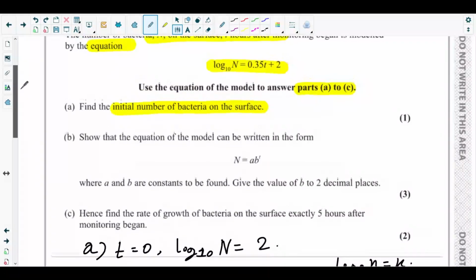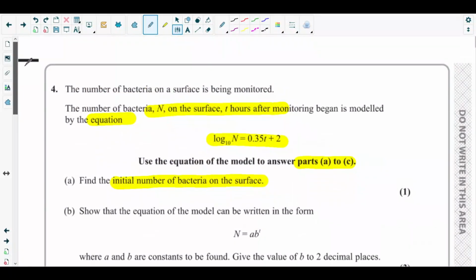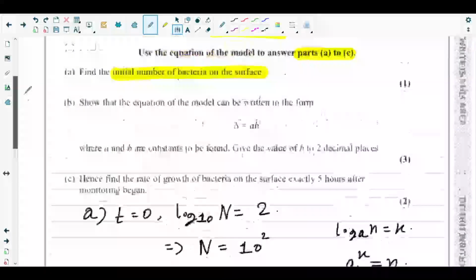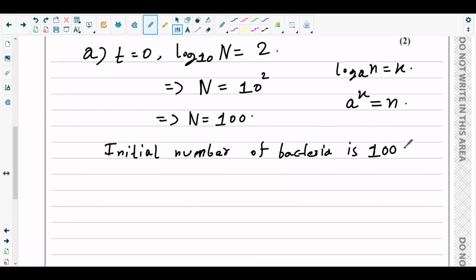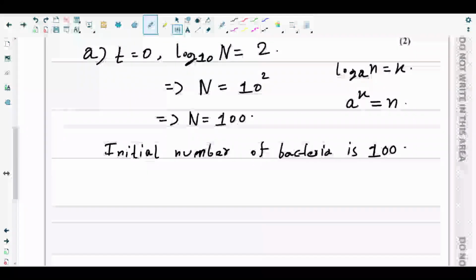So the initial number of bacteria is 100. That's exactly what part A has asked for.